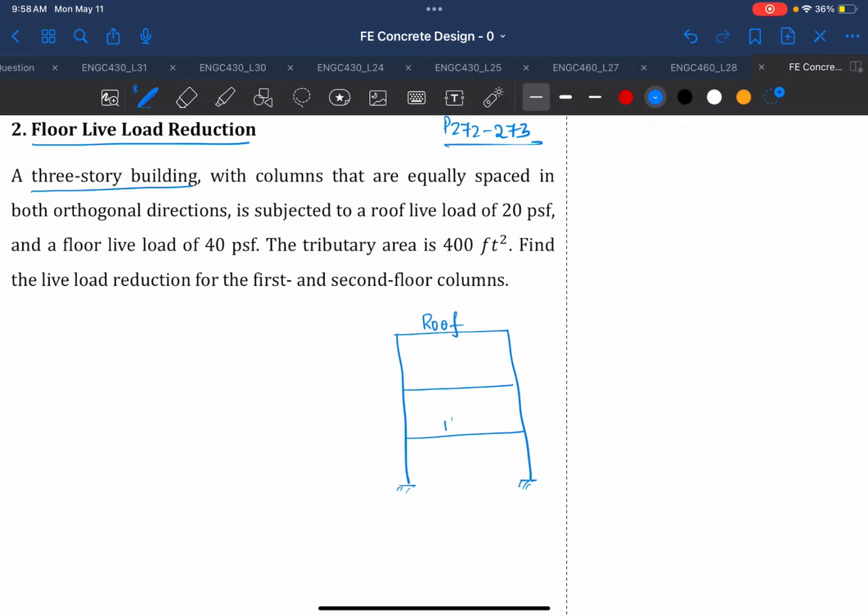This is your first floor, and then this is your second floor. The tributary area is given to you, which is 400 square feet, your roof live load is 20 psf, and then you have a floor live load of 40 psf.